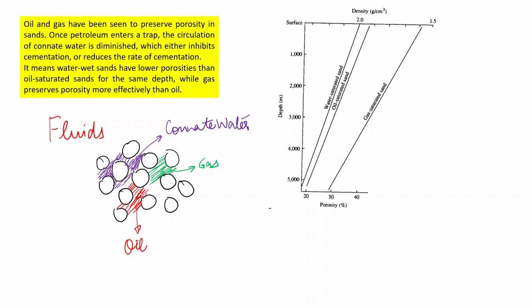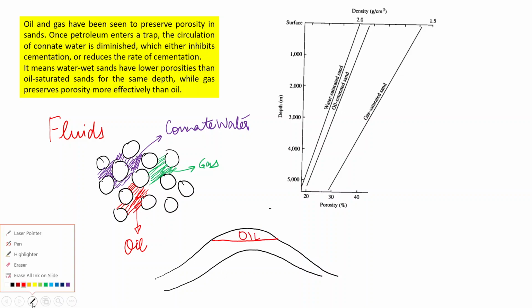But once petroleum enters the trap, what does it do? Say, for example, this is a trap, and here we have the oil, and then we have the water contact.